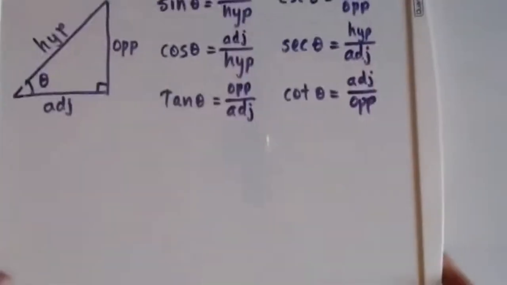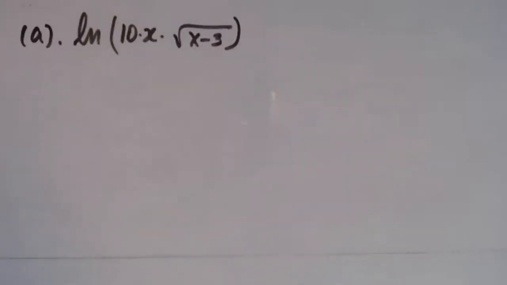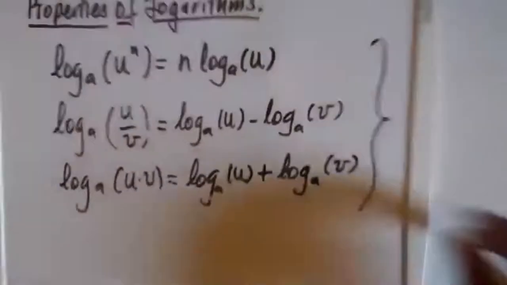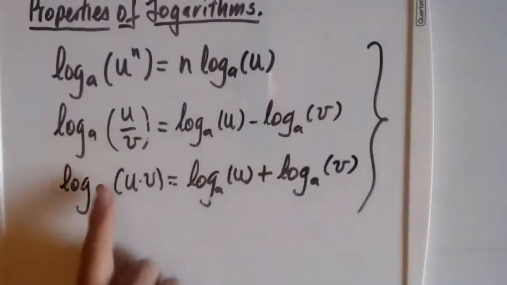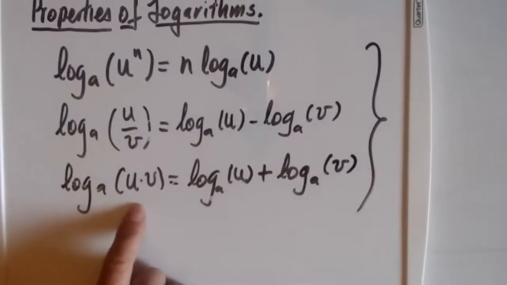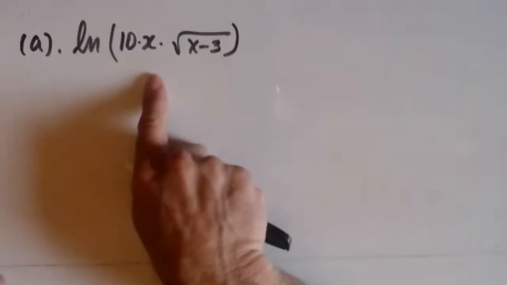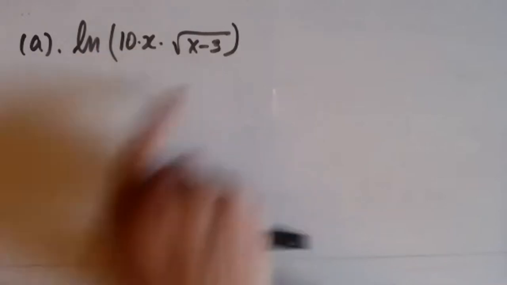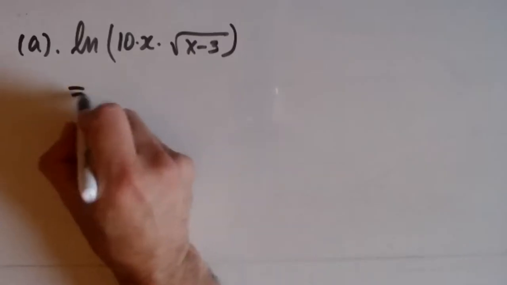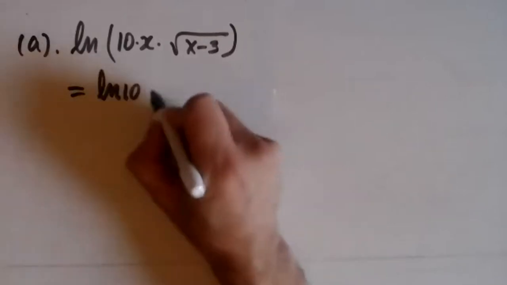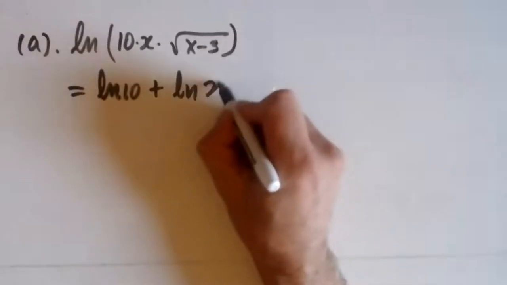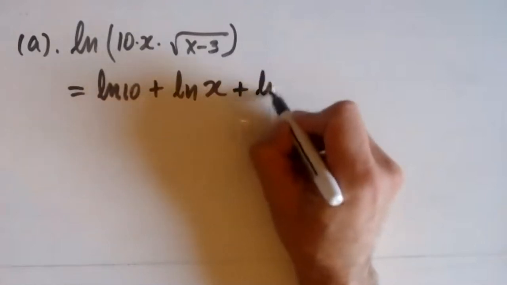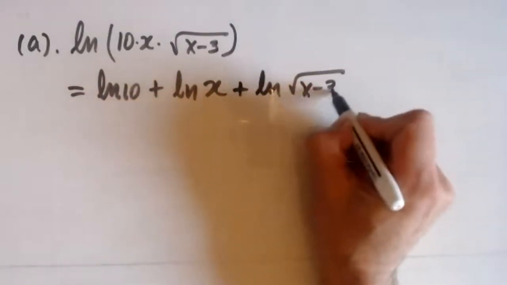This is for pre-calculus. These are the rules, so I'm going to use this one. Whatever you do for 2, you do for 3. So this is going to be the addition of the log of this, the log of this, and the log of this. So this is going to be ln of 10 plus ln of x plus ln of the square root of x minus 3.